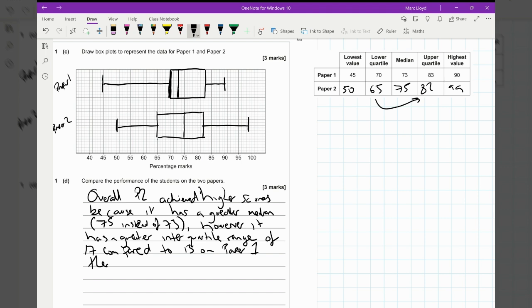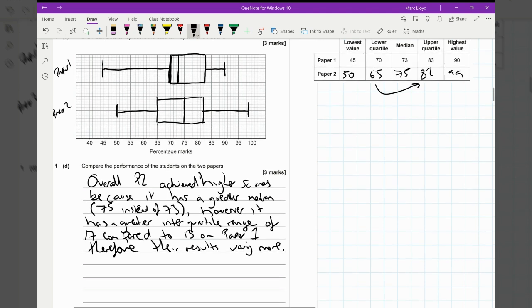Therefore, their results vary more. Okay, it is 3 marks, so we're going to talk about the range.